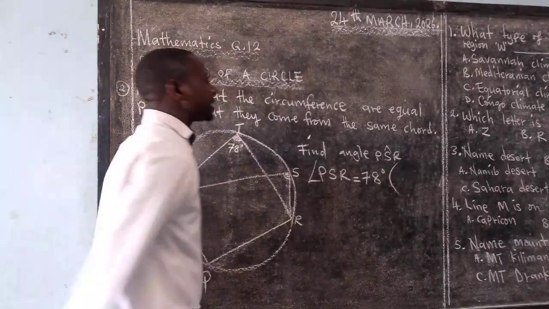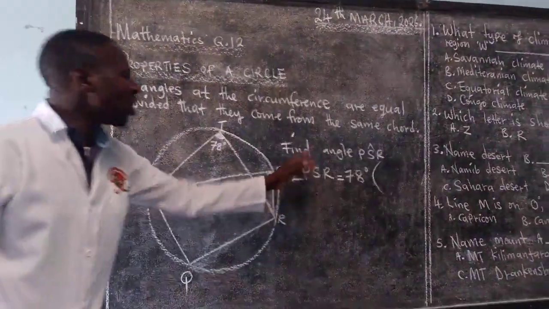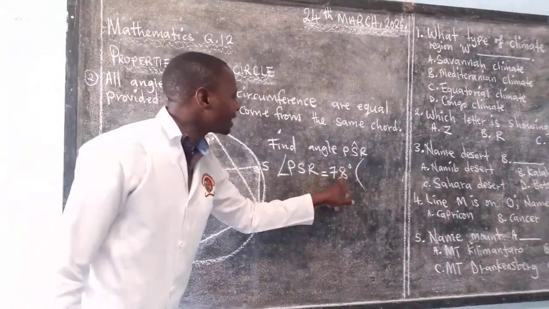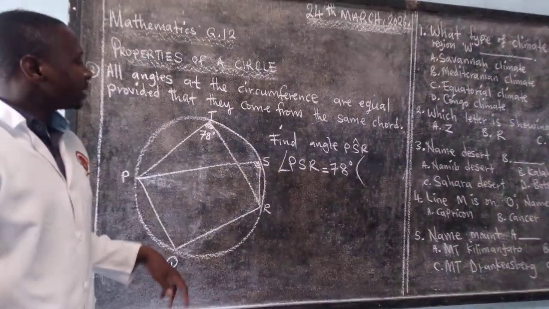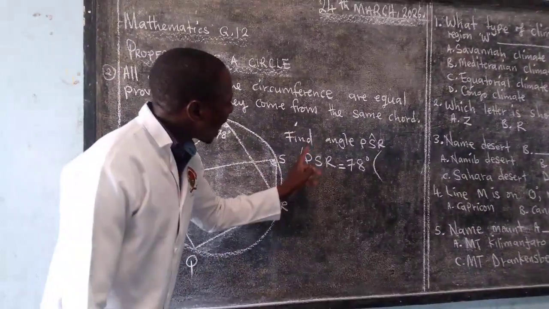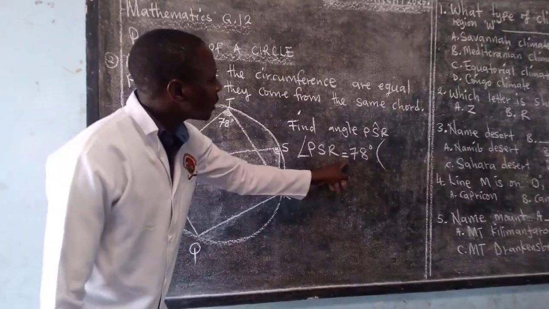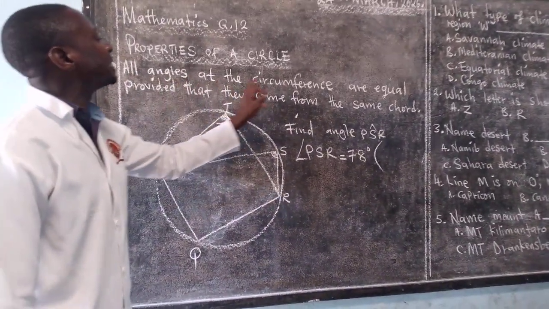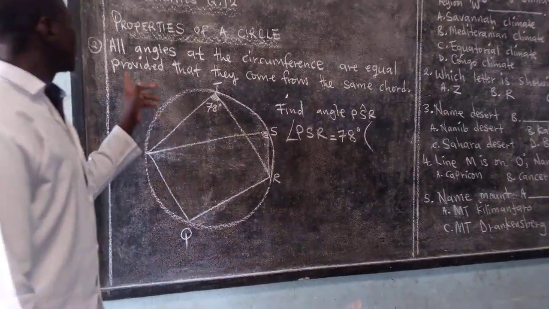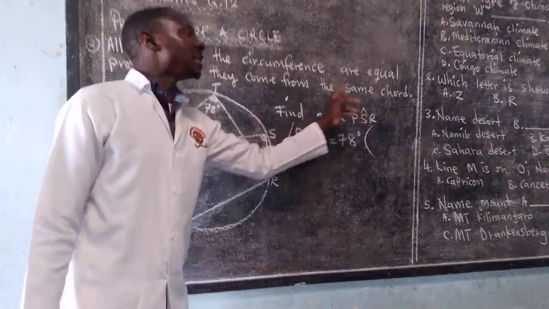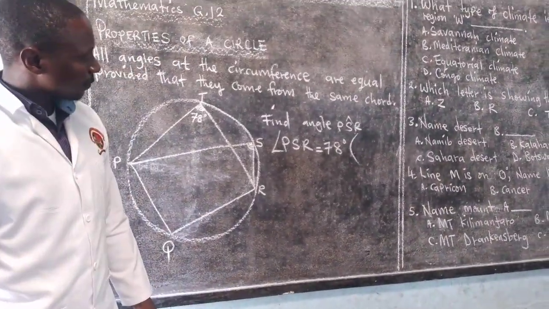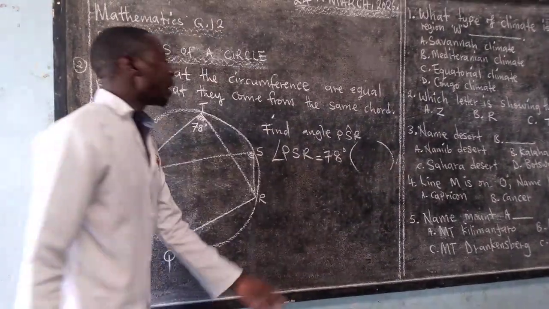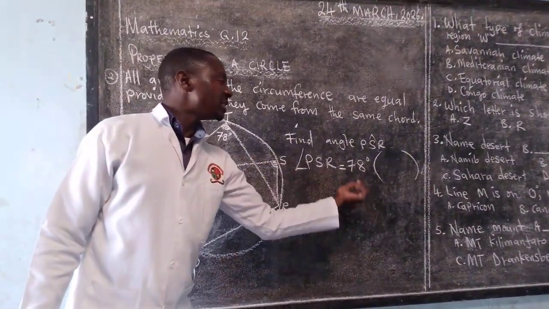Why? In brackets, tell them where you got your 78 degrees and the reason why you are writing it. The reason is that all angles at the circumference are equal, provided that they come from the same chord. In brackets, write that statement. Then close. Your marker will be able to know that this person is intelligent.